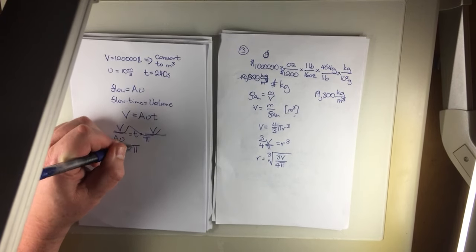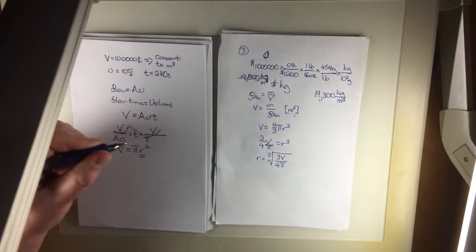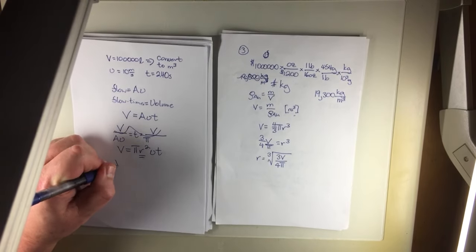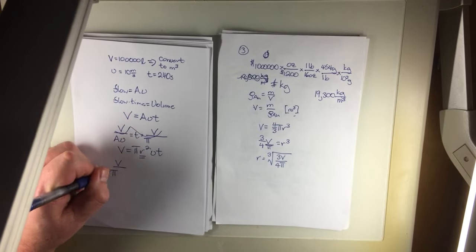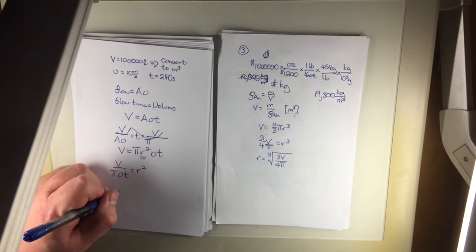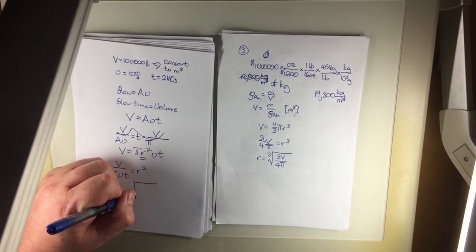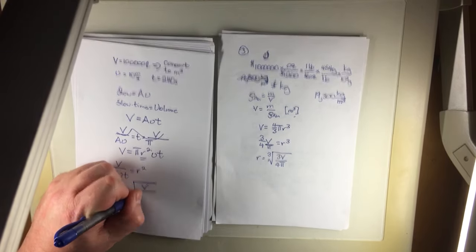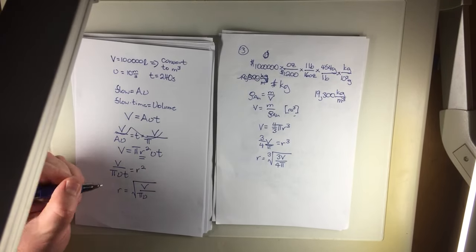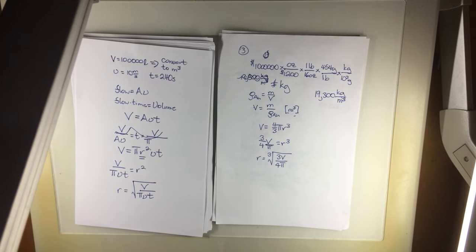Area is pi r squared, and we're looking for r, the velocity times time. So volume over pi v t is equal to r squared. So r is the square root of volume in cubic meters, velocity 10 meters per second, and time. And that will give you an answer in meters.